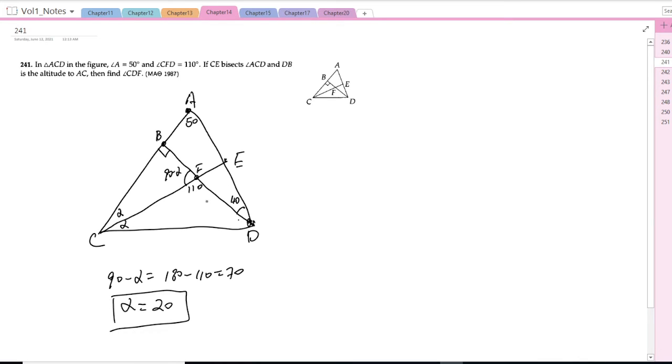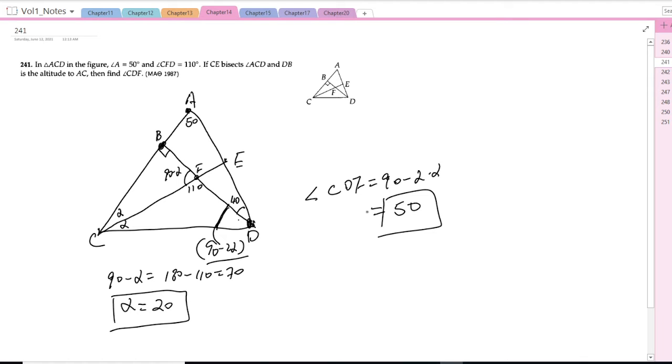Once we solve alpha, we can solve this angle. This is the right triangle BDC, so this angle is 90 minus 2 alpha. So now we know the angle CDF is equal to 90 minus 2 times alpha, which is 50 degrees. Okay, so for angle tracing, you need to parameterize and construct the equations.